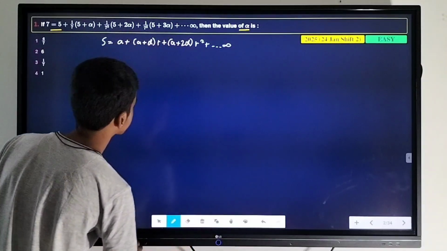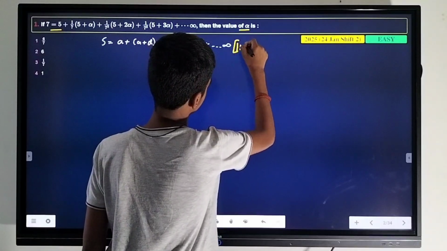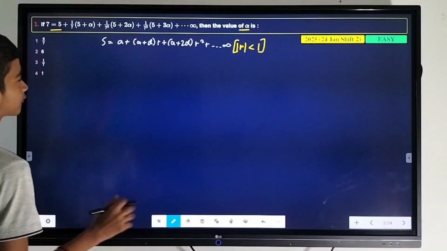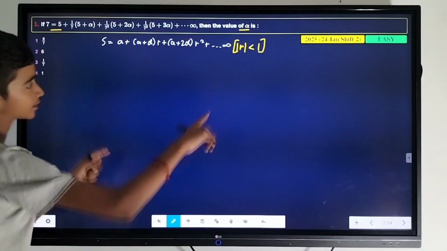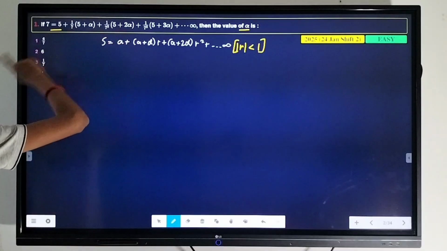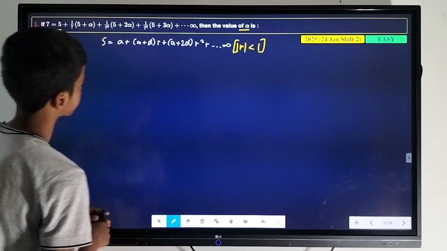And this happens when mod of R is less than 1. The next formula for this infinite AGP is when magnitude of R is less than 1. Here in the question our R is 1 upon 7, which is less than 1.